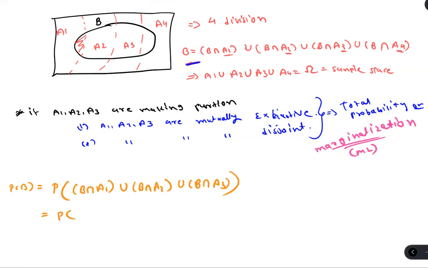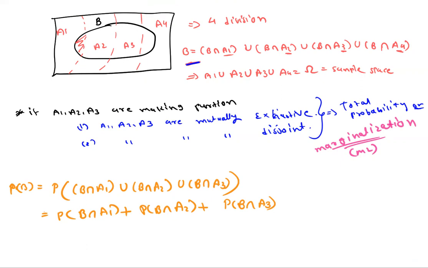So we can write it as P of B intersection A1 plus P of B intersection A2 plus P of B intersection A3. Like that we can do. This is the probability of the event that we want to find. So I think this is clear.